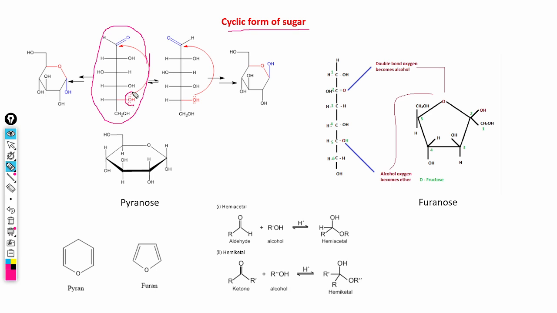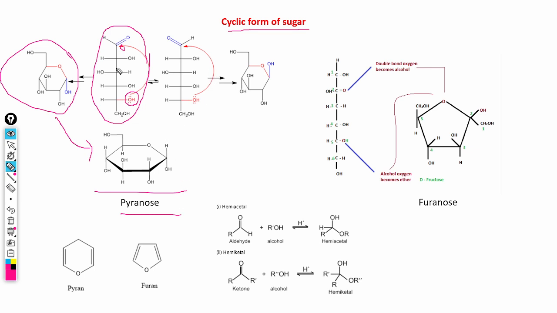When the C5 OH group attacks at the C1, it looks like this. This is the 6-ring structure: 1, 2, 3, 4, 5 and 6. So in aqueous solution, it can exist in the 6-ring structure, which is called the pyranose.